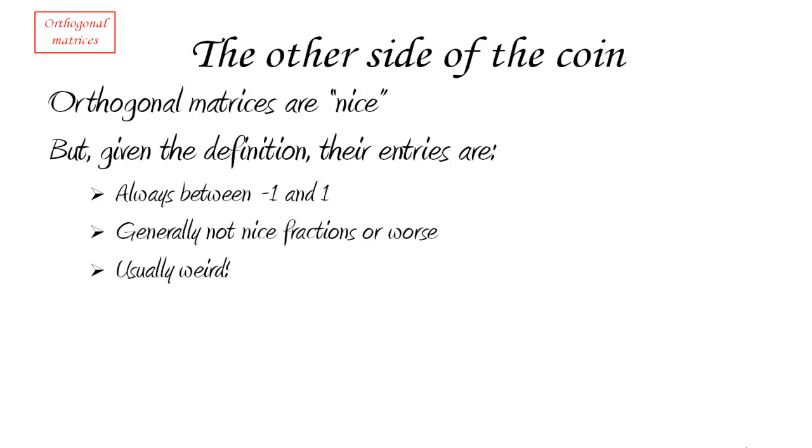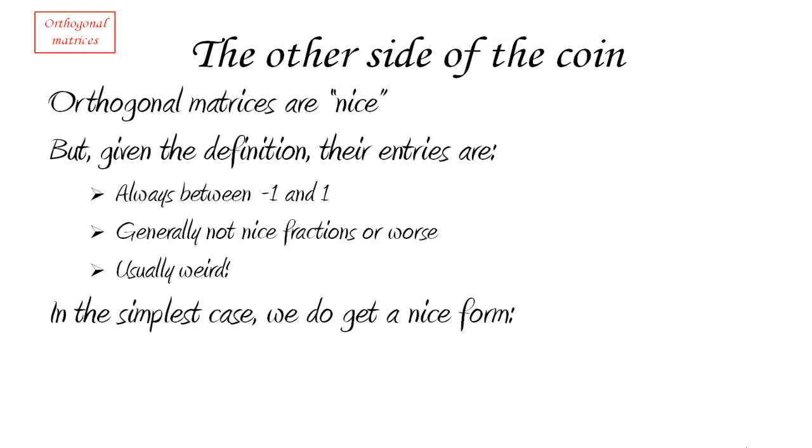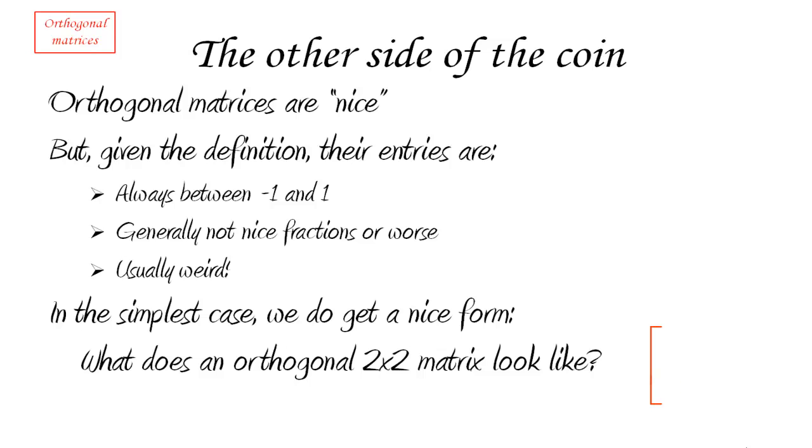So usually it's just a weird looking matrix. There is one situation, however, where things are not that bad, and it's really the simplest case of them all, in which case orthogonal matrices take on a very nice simple form. And that's the case when we're looking at 2 by 2 matrices. So you may want to ask, what does an orthogonal 2 by 2 matrix look like? Well, we know it looks like a, b, c, d.